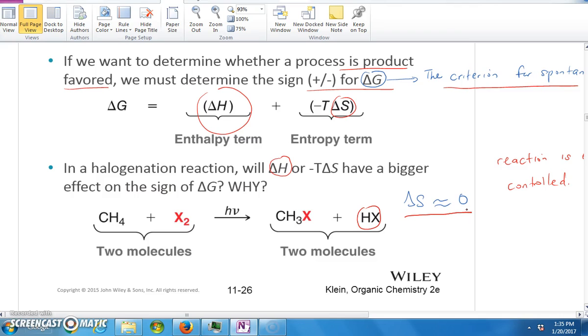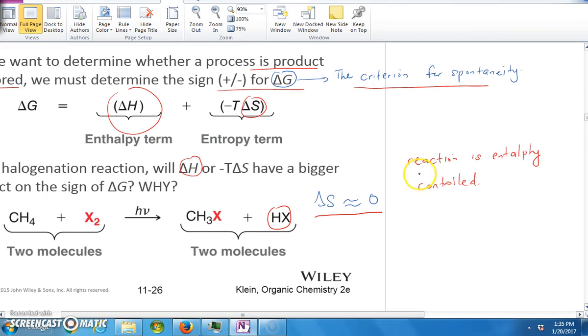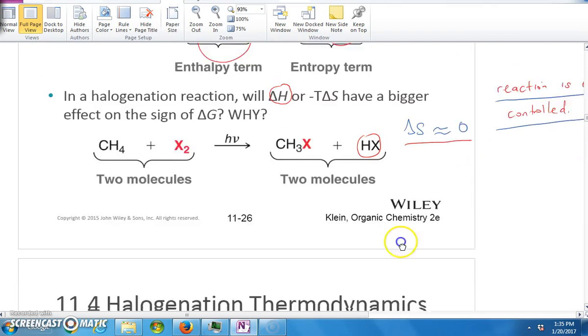You start out with 2 molecules and you end up with 2 molecules. So essentially the reaction will be enthalpy controlled. And that's something you have to know. The reaction is enthalpy controlled.